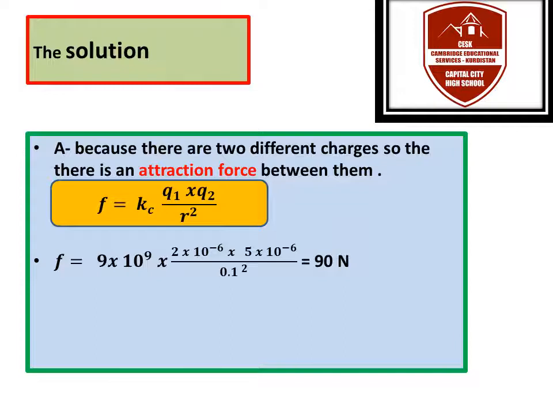So here, instead of Kc, 9 times 10 to the power 9, first charge 2 times 10 to the negative 6, second charge 5 times 10 to the negative 6, divided by 0.1 squared. Using the calculator, the answer will be 90 Newton, because this is electric force.